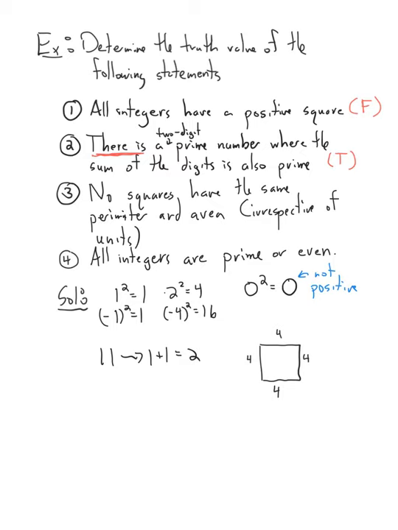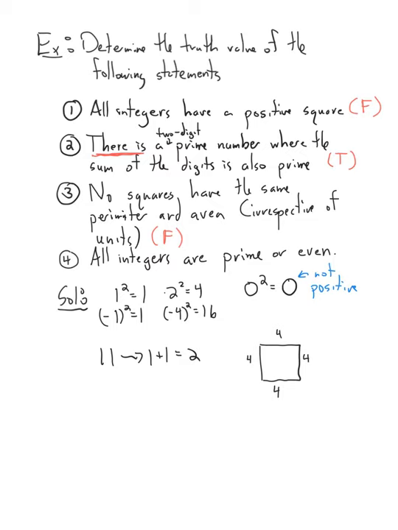And the area is, of course, the side length squared, since it's a square. So 4 squared, which is also 16. So the perimeter of this square is 16, and the area of this square is 16. So we found something that contradicts. That's a counterexample to this "no" statement. So therefore, this one is false.